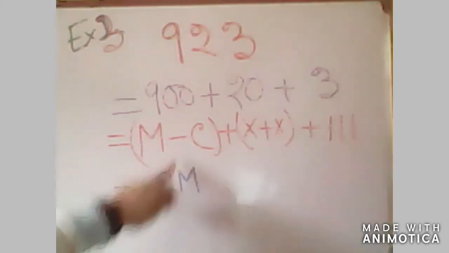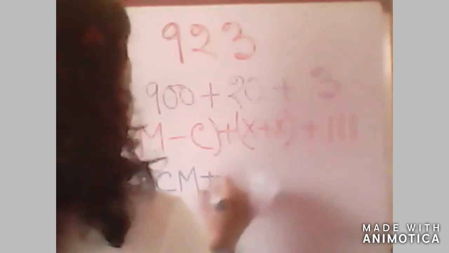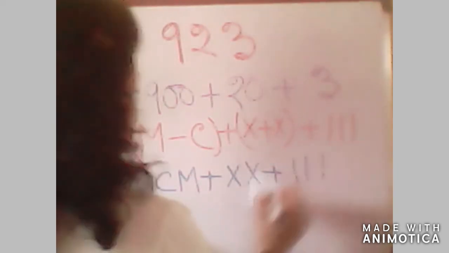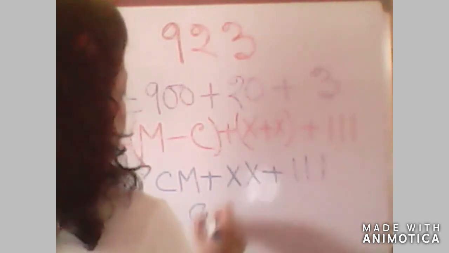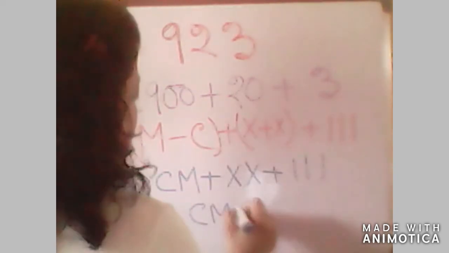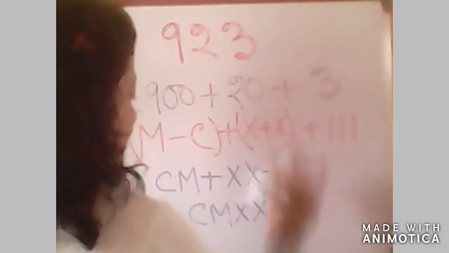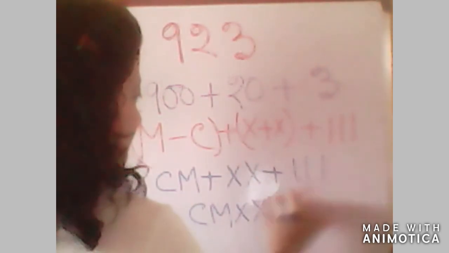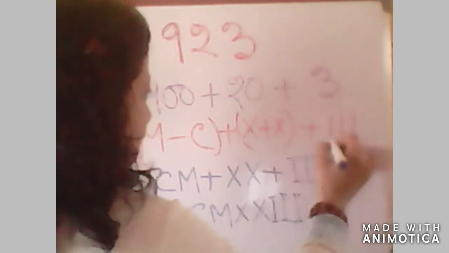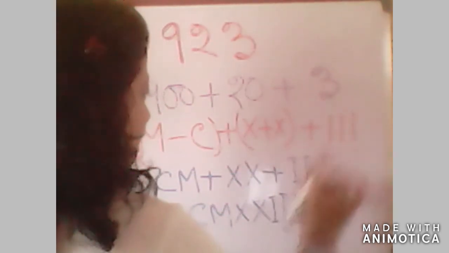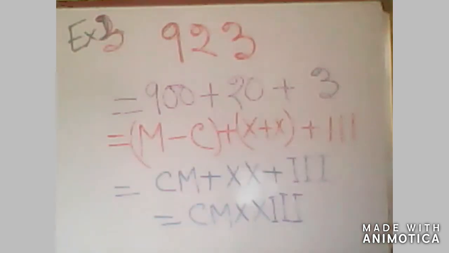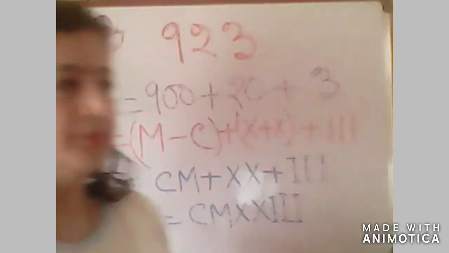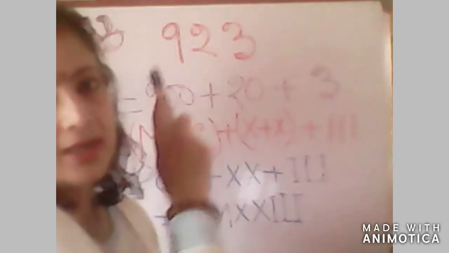Plus X plus I, so CM, plus sign removed, X, plus sign removed, I. So this is the Roman numeral for the Indo-Arabic or modern day number 923.